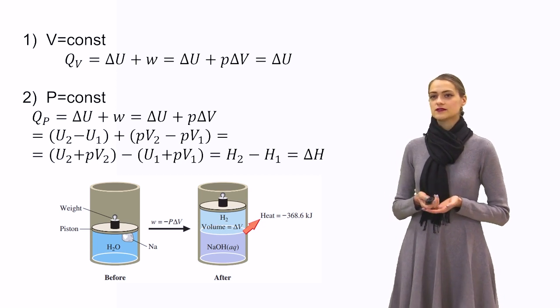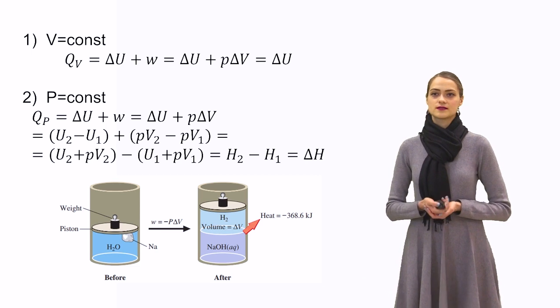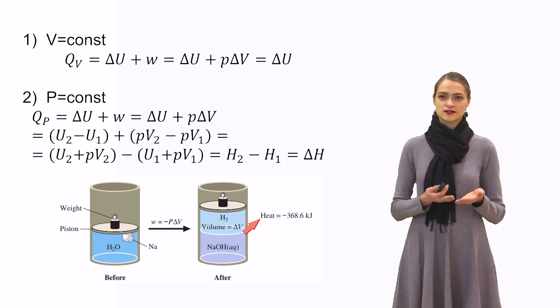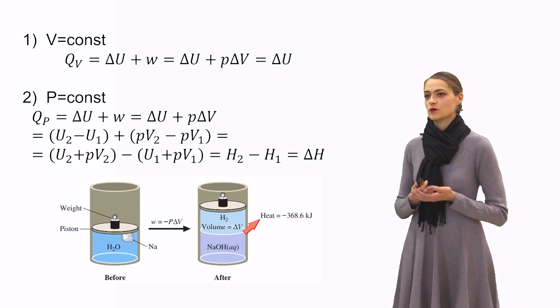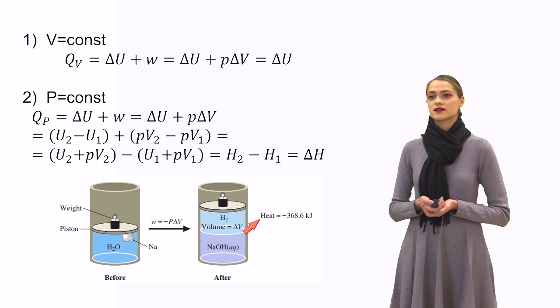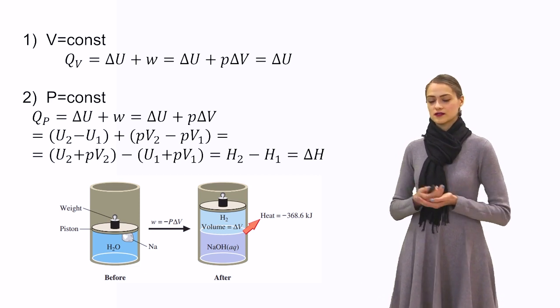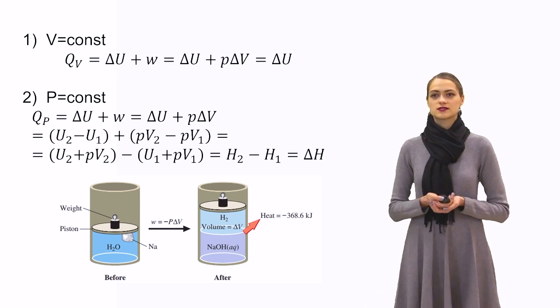You see here in the formula I write QV, and of course we write delta U, change of internal energy, and sum it with the work of this system. But this work we can write as the product between pressure in our system and change of volume.